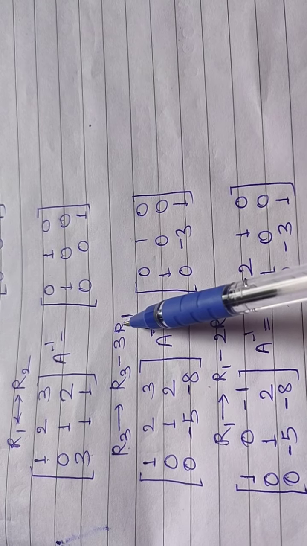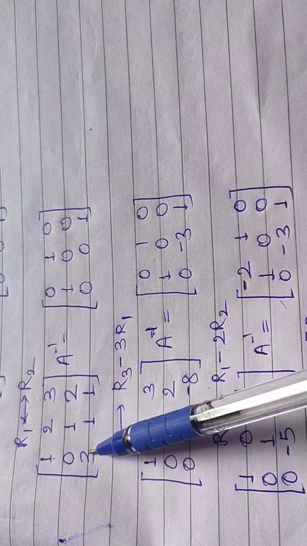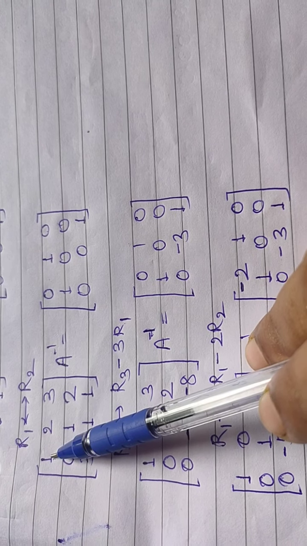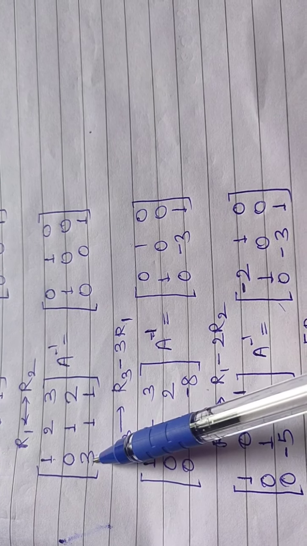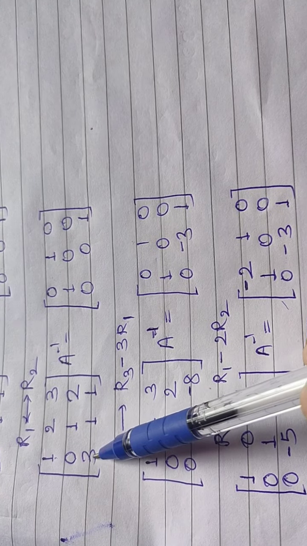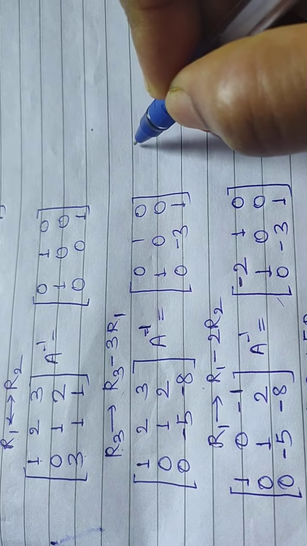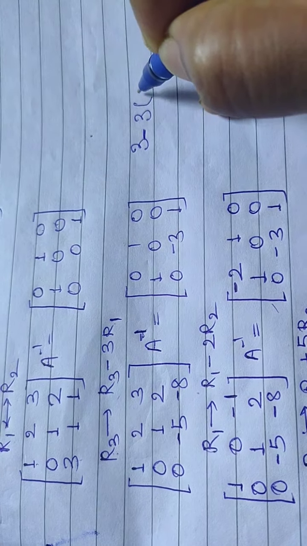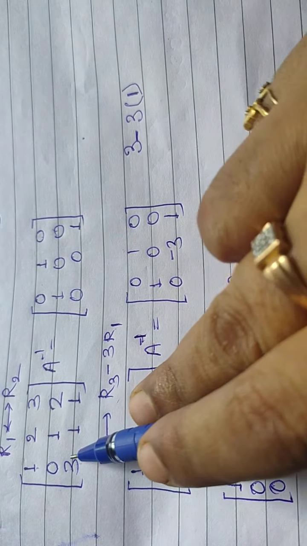R3 minus 3R1. This is R3, this element is 3, minus 3 into the elements of the first row. The element of the third row minus 3 into the element of the first row. So we get 3 minus 3 into 1, since the element of the first row is 1.